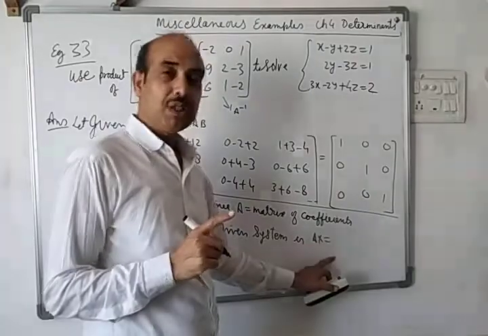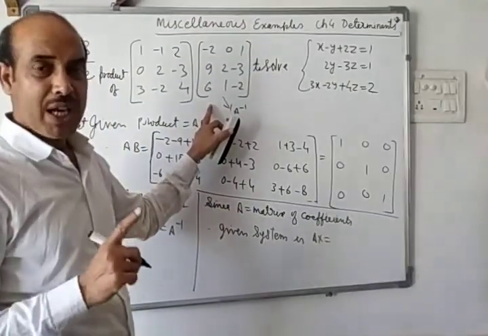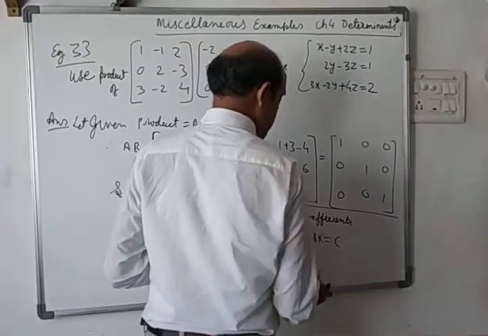Ax equal to B, but we have here already supposed as matrix B, so we will take it Ax equal to C.